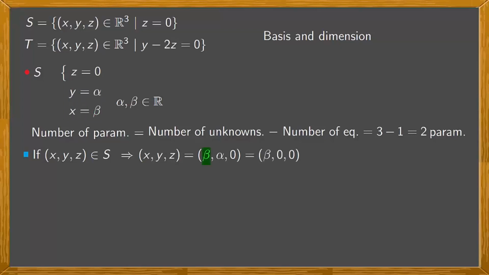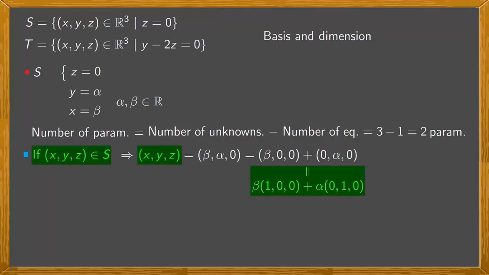So we have beta, 0, 0 plus 0, alpha, 0, and then we take out beta and alpha to give beta times 1, 0, 0 plus alpha times 0, 1, 0.